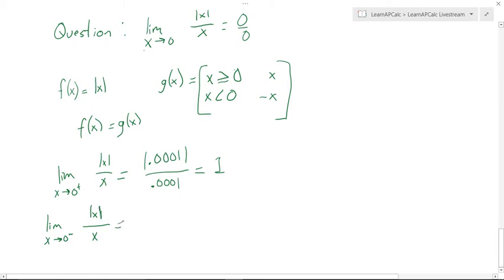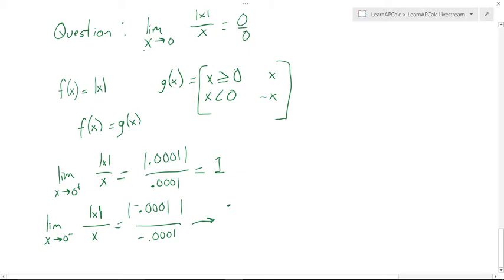Now here, if I'm approaching from the left, we're getting numbers that are very, very close to 0 but negative, because we're approaching 0 from the left-hand side. So negative 0.0001 absolute value all over negative 0.0001.